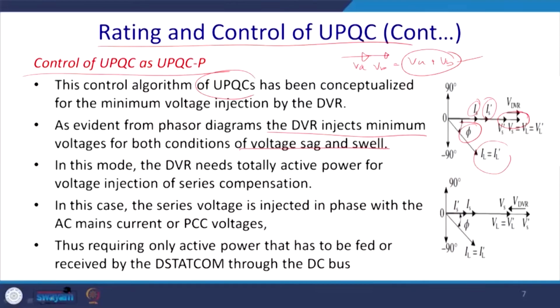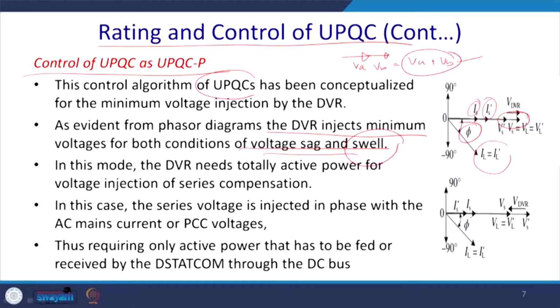For both conditions of sags and swells, moreover generally this UPQC Q does not have a capability to mitigate swell. Here, since it can mitigate swell by injecting out of phase, the swell can be mitigated. In this mode, the problem lies in that the DVR has to handle the reactive power, not only losses, but also this sag.